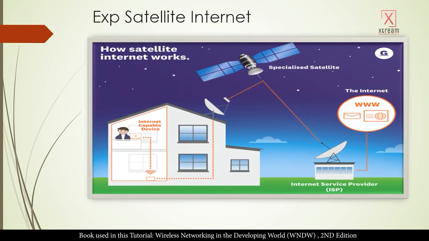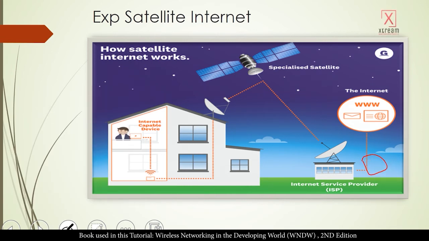So you can see that in this example we have a ground station which is providing internet service to consumers.